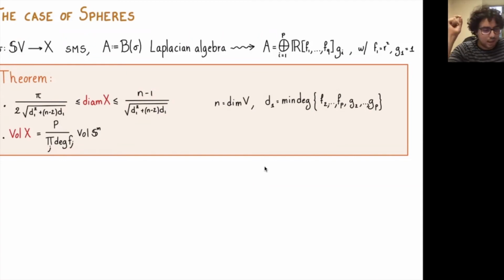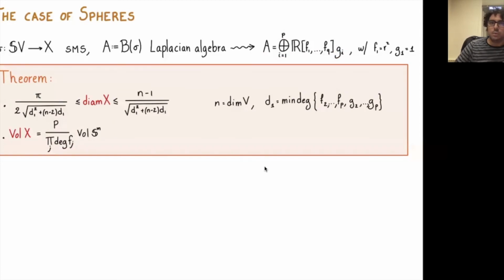It tells exactly what the volume of the quotient is, and it is always a rational multiple of the volume of the sphere of that same dimension. The rational number is given in terms of the degrees of these generators and the number of secondary generators, where p is the number of secondary generators. So if you know what this is, then you know how to compute exactly the volume.